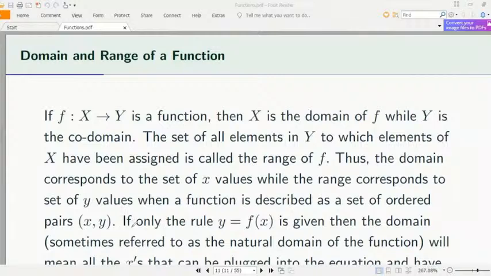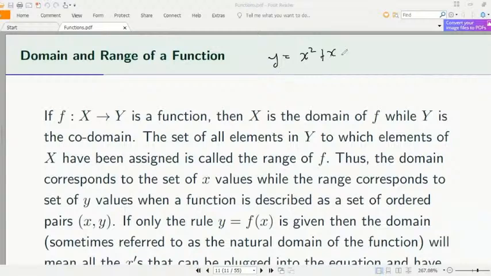Now look at this other point: if only the rule is given, for instance, you're given y equals x squared plus x.